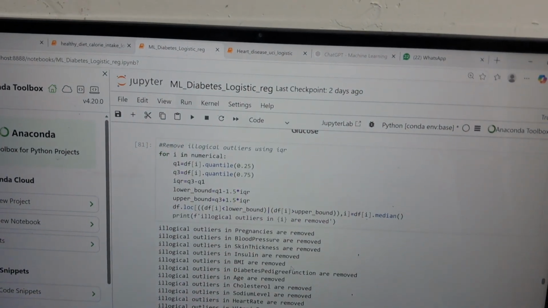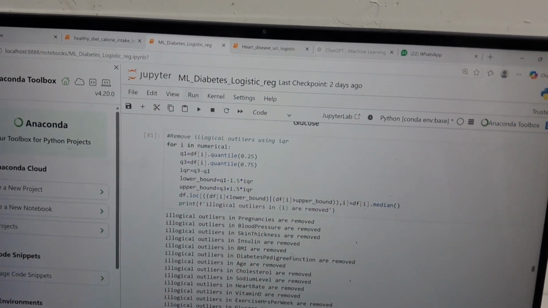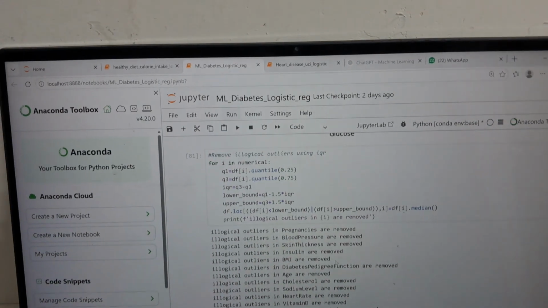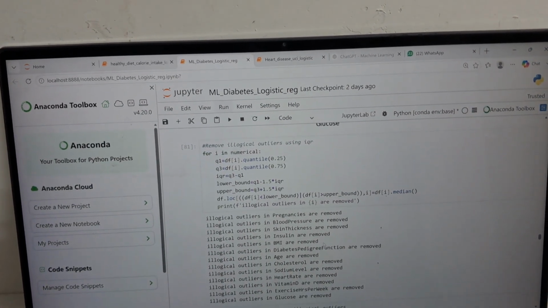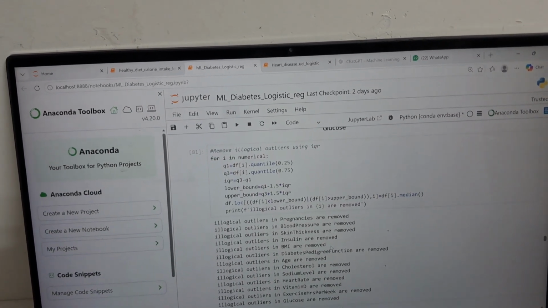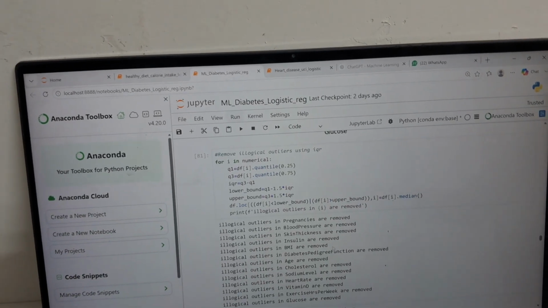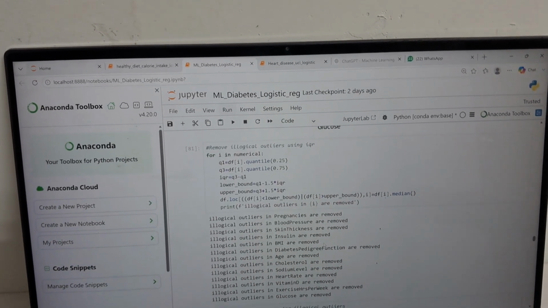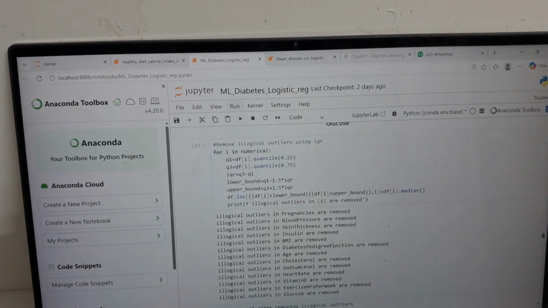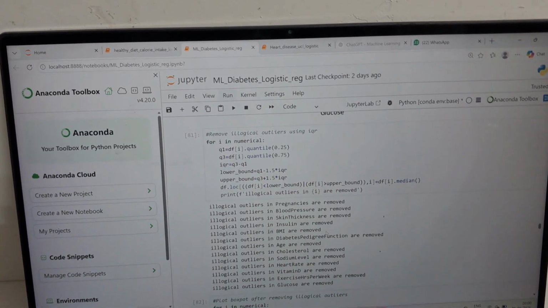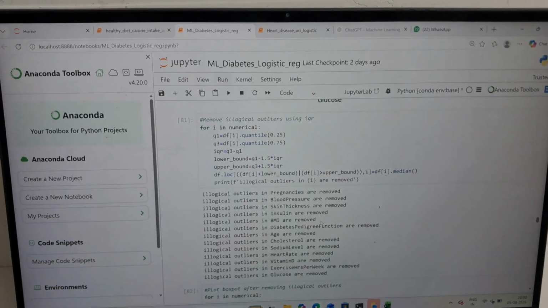Above that is the upper bound. So the maximum range will be in between the lower bound and upper bound. This will be the maximum range. If any number is beyond this upper bound and beyond the lower bound, then that number is considered to be illogical.